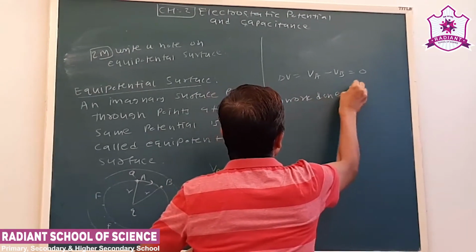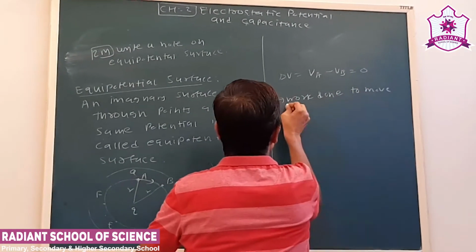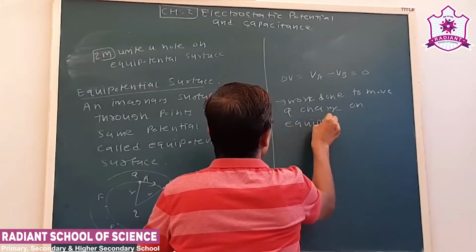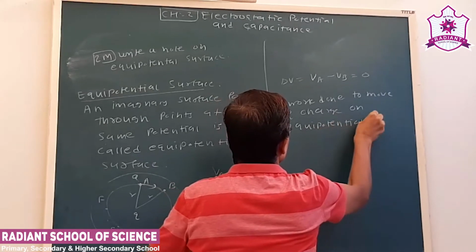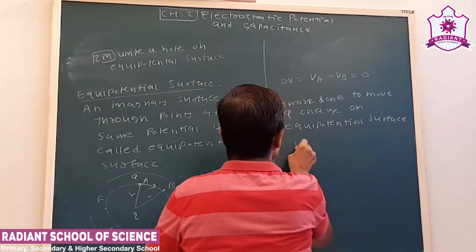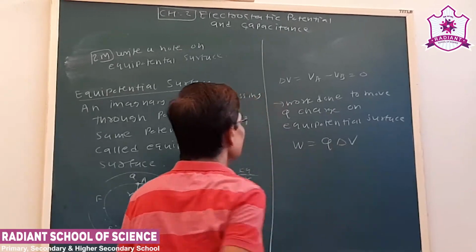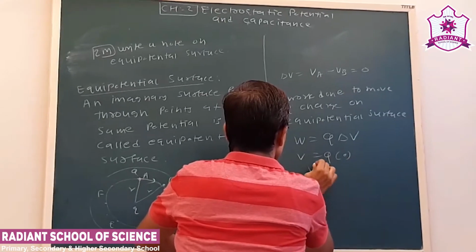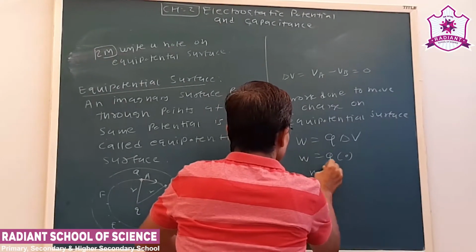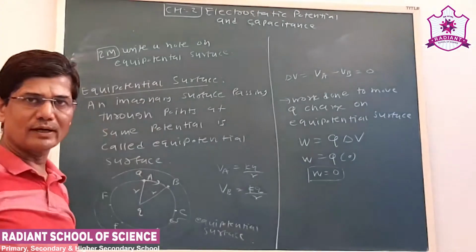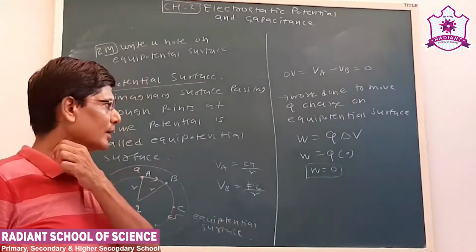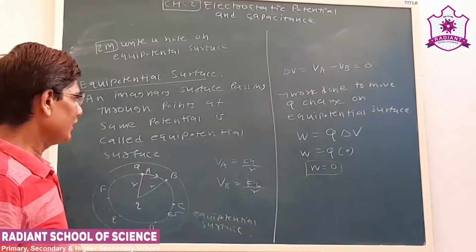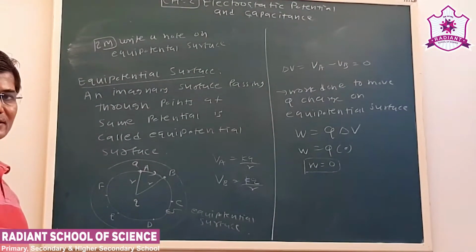Work done to move Q charge on an equipotential surface, W is Q into delta V. But we know delta V is 0. This is important for the VSQ part, that work done to move a point charge on an equipotential surface is 0. Right now we have drawn for point charges.